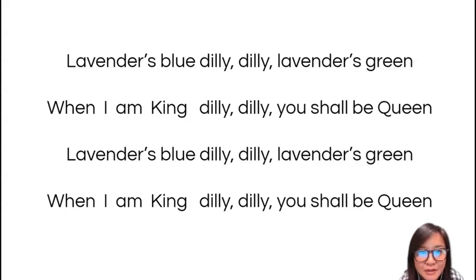Can you tell what the meter could be for Lavender's Blue? Let's see if we can discover what the time signature is that we're going to use to reflect the meter of this piece. Let's sing the song again. Now, remembering that meter is a repeated pattern of accented or strong beats, I want you to discover with me the meter of this song.